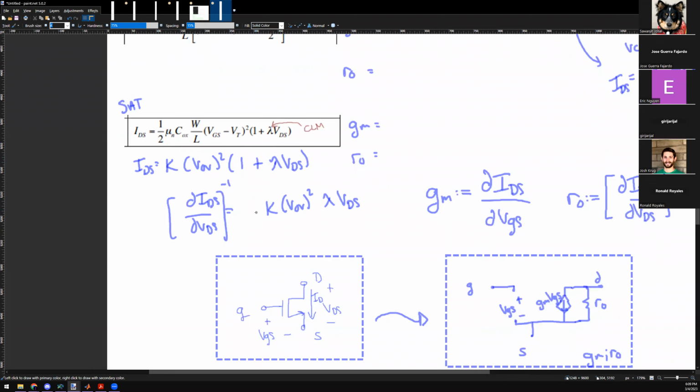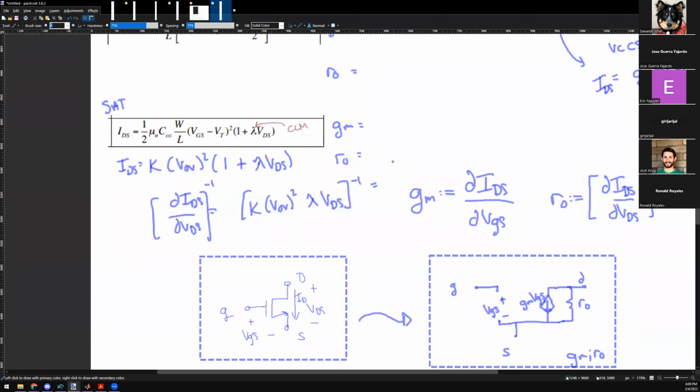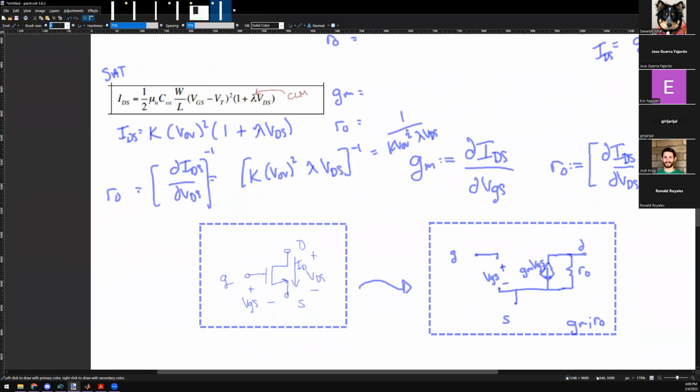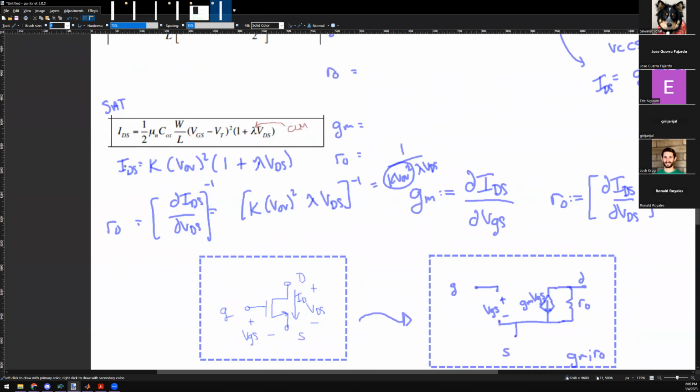Then I invert this, so that's equal to 1 over K VOV squared lambda, and this is equal to R naught. K VOV squared is approximately just IDS, assuming that is the dominating factor.